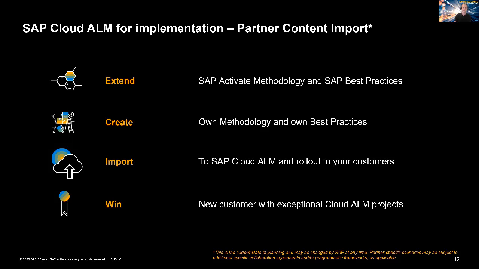And last, we're thinking about a free template where you can download a template from Calm, and there you can put in your methodology, because you maybe have, for example, a totally different structure than the Activate methodology.